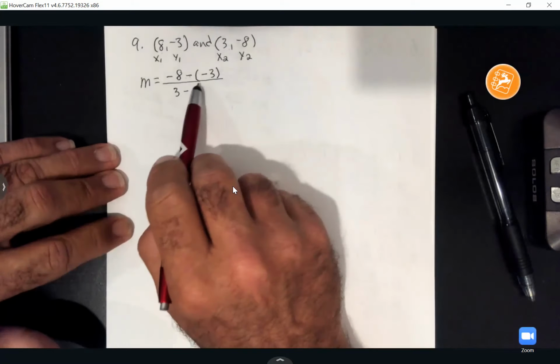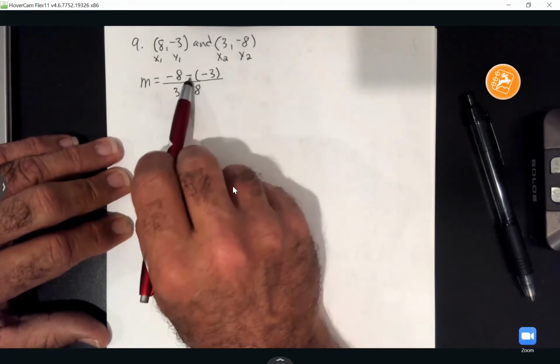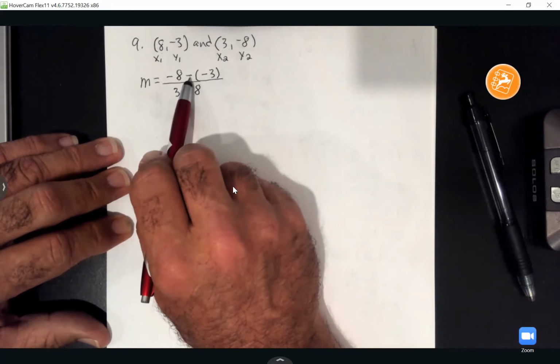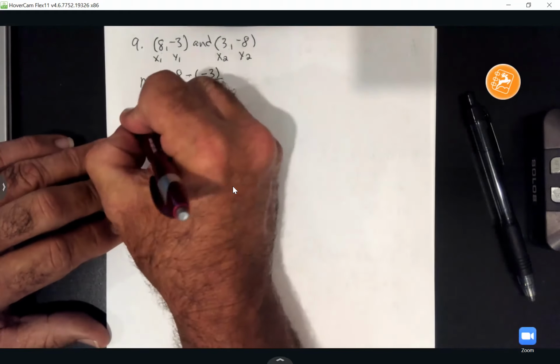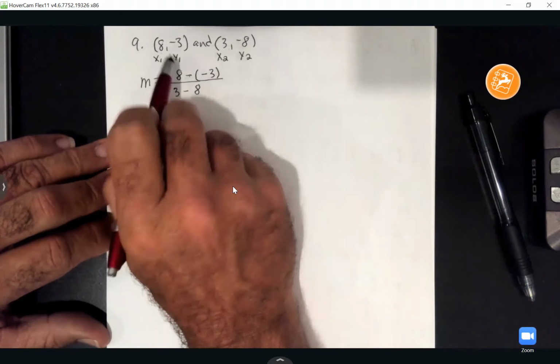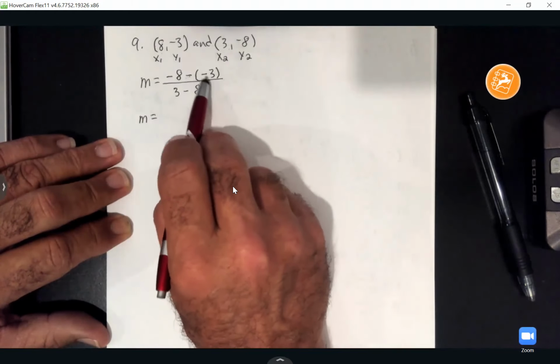So the biggest mistake I get on this is when people put in this negative 3, they forget about this minus that's in the problem, and that messes up their signs, okay? So if you got a negative number for X1 or Y1, you're going to end up with a double negative.